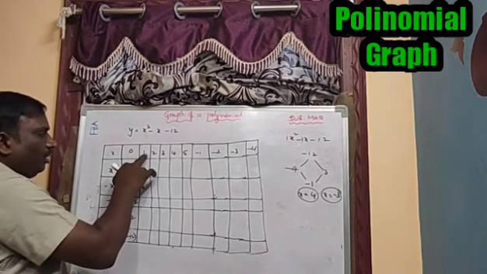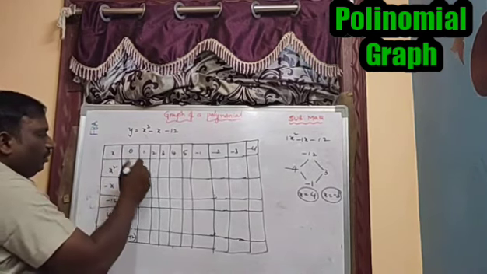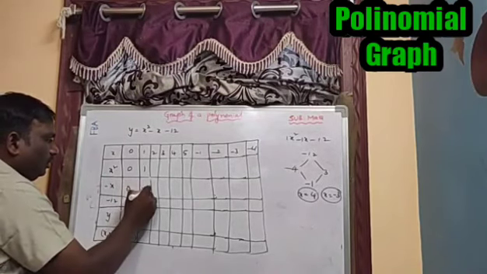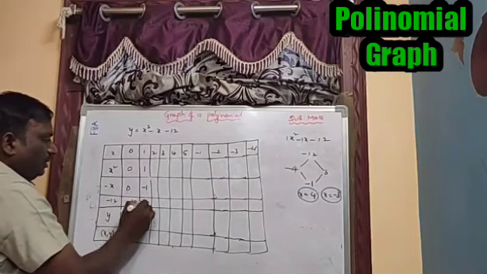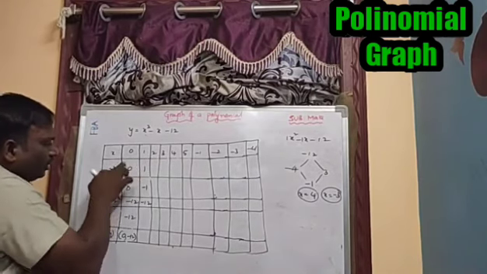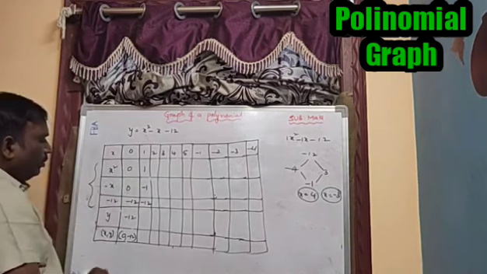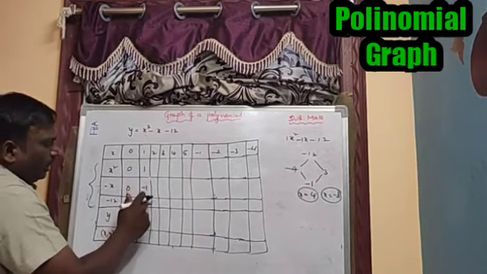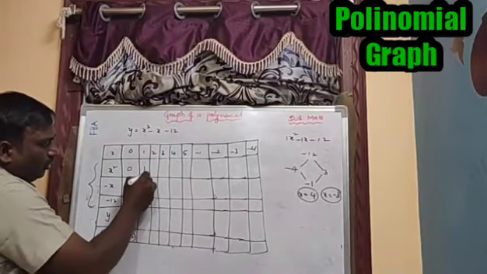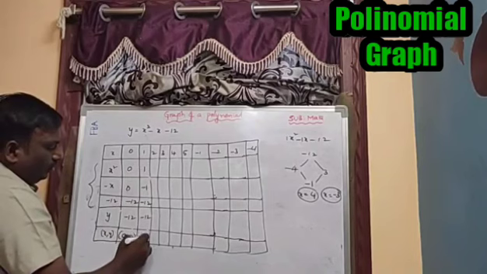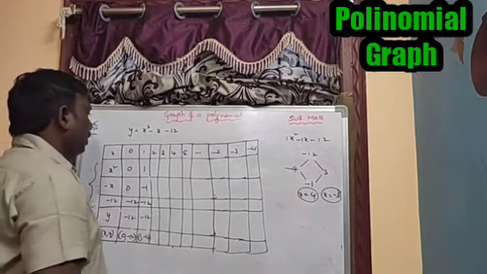Now coming to 1: 1 square, 1. Next -1. So as it is, -12. If you simplify these, 1 - 1 is 0, then -12. So the point is 1, -12.